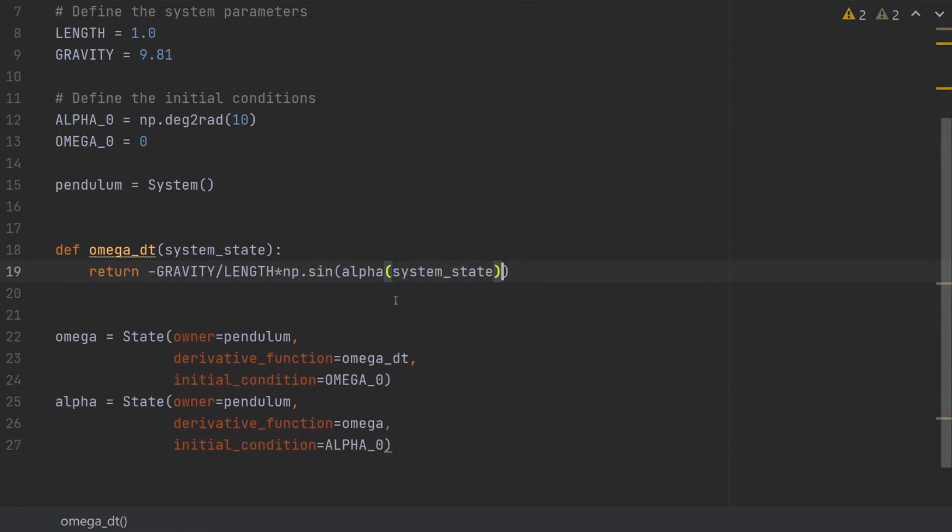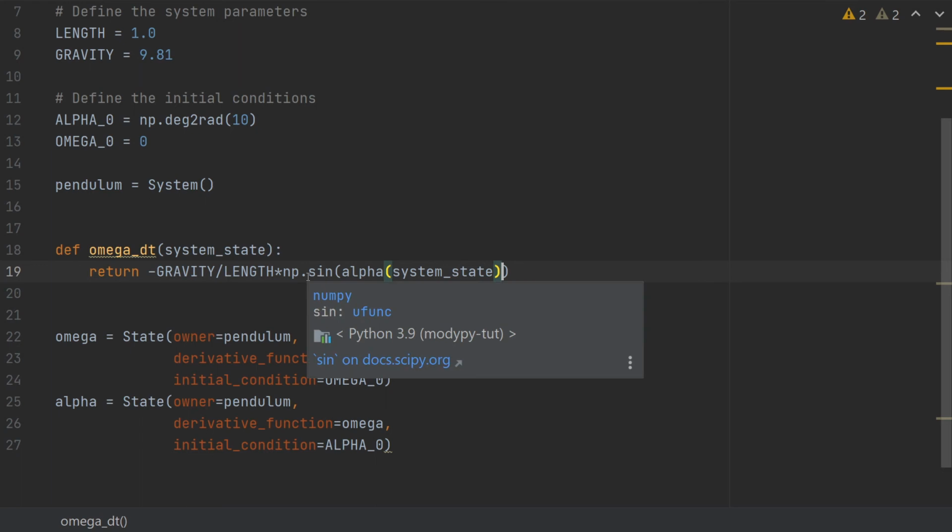And we can refer to alpha here already because the so-called closure of functions in Python includes any variables and objects declared on the containing level. So the objects declared after the function definition are known within the function. However, the same is not true vice versa.